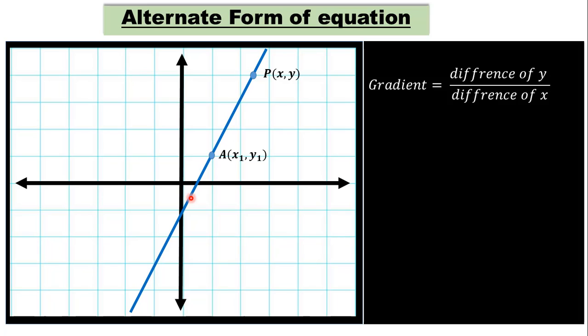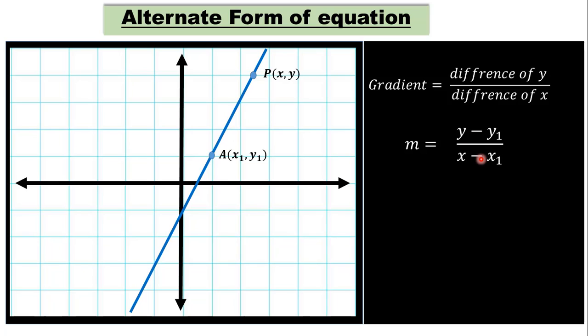Now we have to take the difference of the y coordinates of point P and point A and the difference of the x coordinates of both the points. Gradient is represented with m, so m equals the difference of the y values, y minus y1, that is our numerator, and x minus x1 gives us our denominator.